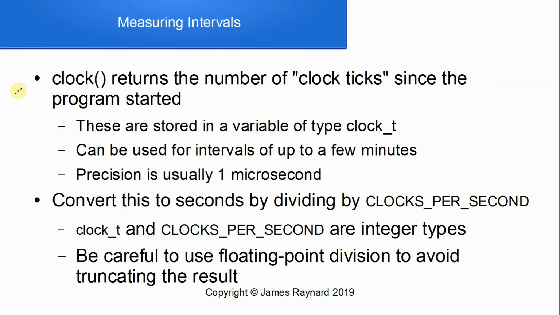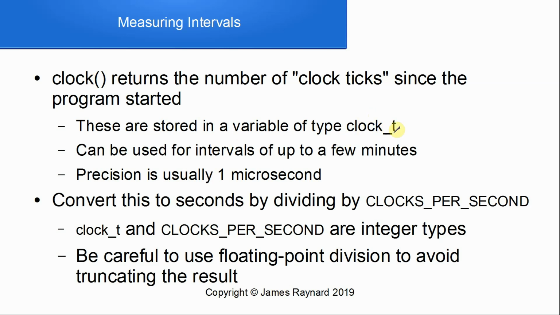We'll start off by finding out how to measure intervals. This means calculating the time between two events. There's a function called clock which returns a number of so-called clock ticks since the program started. These are stored in a variable of type clock_t, so that's what the clock function returns, a value of this type.